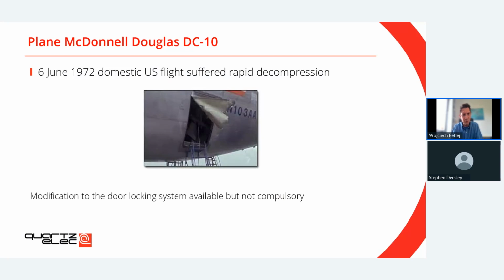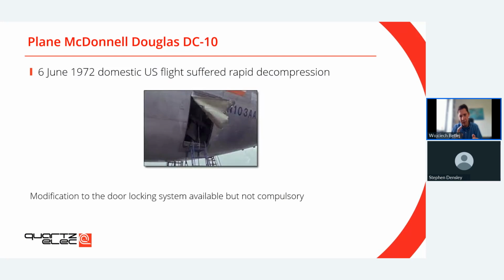In June 1972, one of the domestic flights in the United States suffered a very quick decompression. That plane was manufactured by McDonnell Douglas. The plane was a DC-10. At the time, the door hatch opened while the plane was 11 kilometers above ground level.